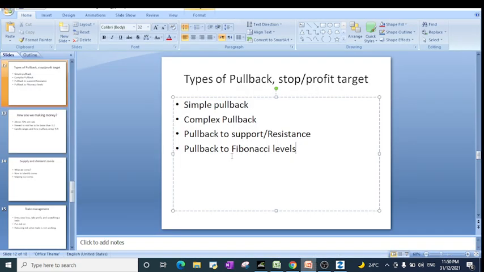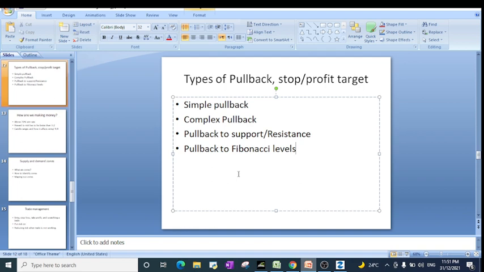And we have a pullback to a Fibonacci level. This is one of my favorites actually. For a long time, I didn't really take these Fibonacci levels seriously. I'm not saying that it's a magic number, but through my statistical work, the market seems to have a particular tendency.